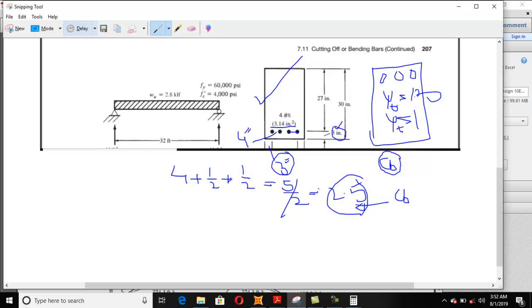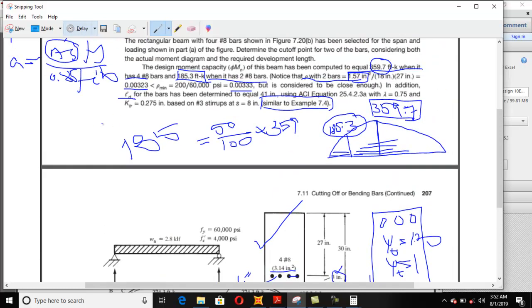So in the basic formula which is given for the calculation of ld, we are using the exposure factor, we are using the psi t factor, and we are using the coating factor, that you must consider as 1.